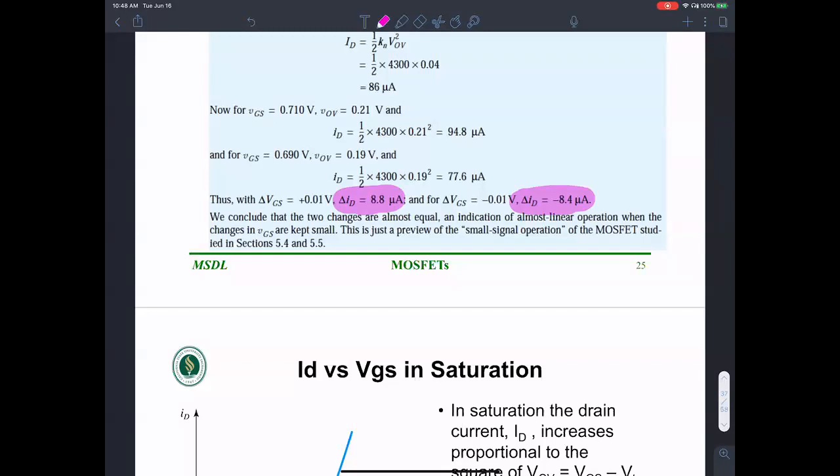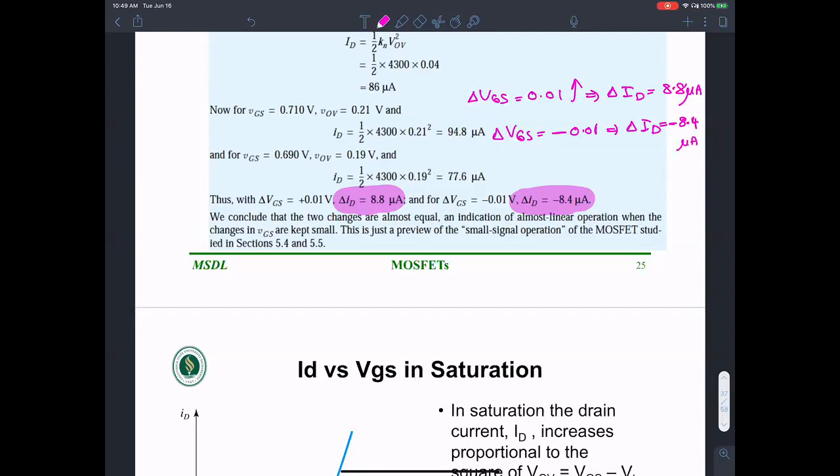So by increasing the VGS value, ID is increasing. A change in VGS of 0.01 implies an increase in ID by 8.8 microamperes. VGS goes down by 0.01 implies delta ID goes down by approximately the same value.